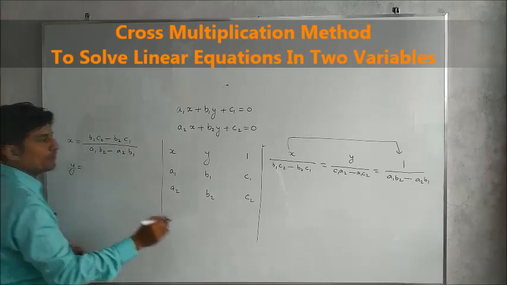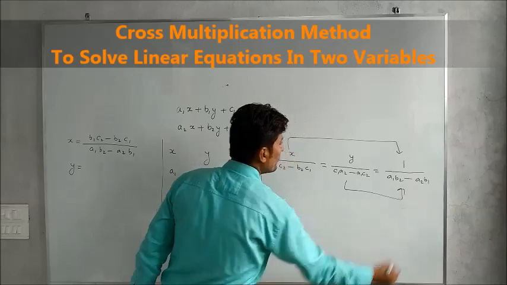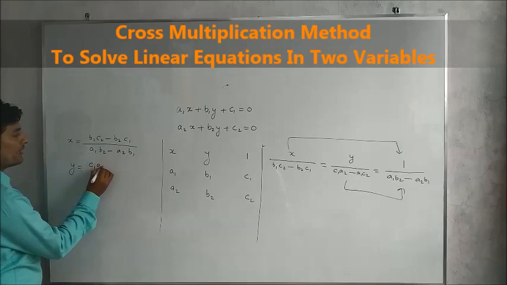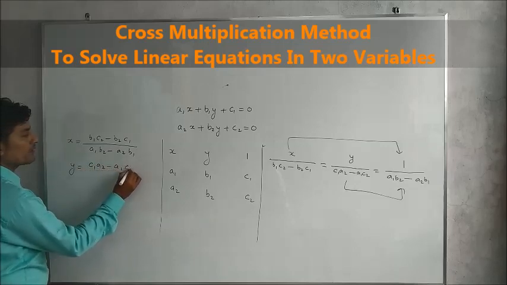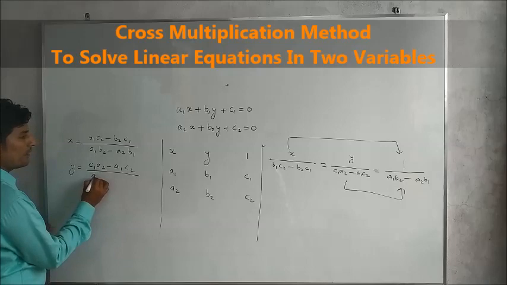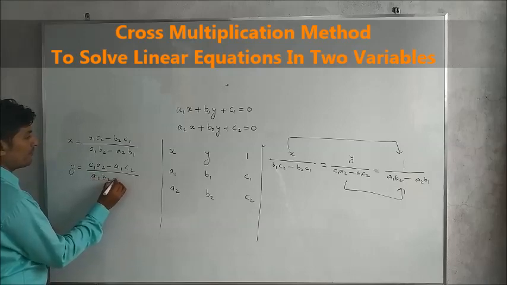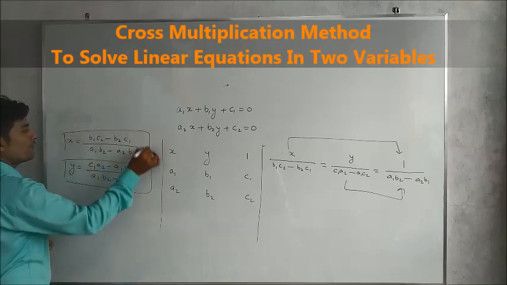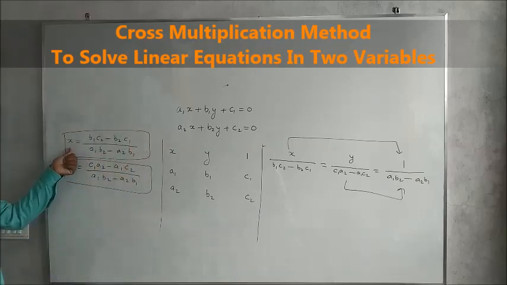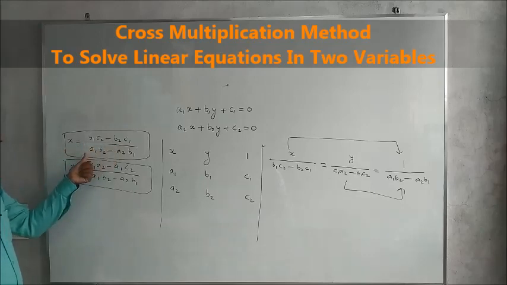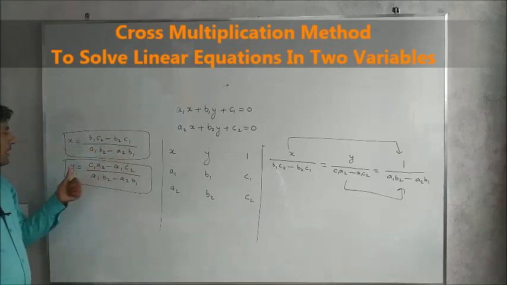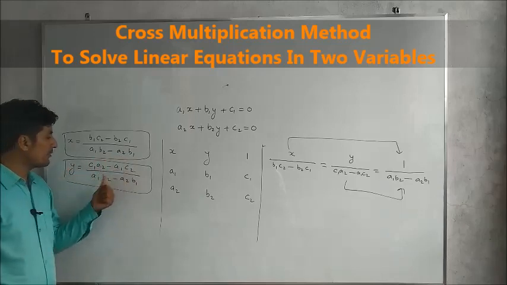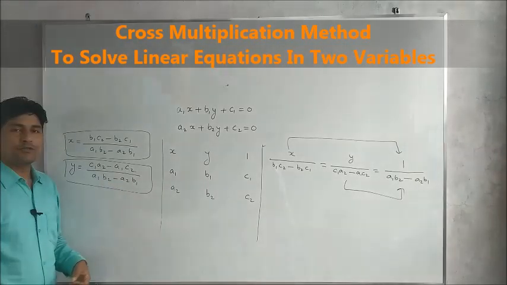Similarly, the value of y will be equal to c1 a2 minus a1 c2 divided by a1 b2 minus a2 b1. So directly we can use these two formulas. To get the value of x, we use b1 c2 minus b2 c1 upon a1 b2 minus a2 b1. For getting the value of y, we use c1 a2 minus a1 c2 upon a1 b2 minus a2 b1.